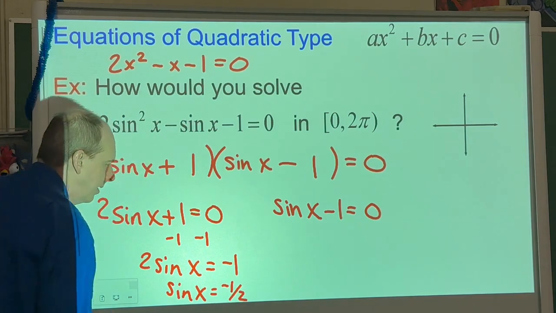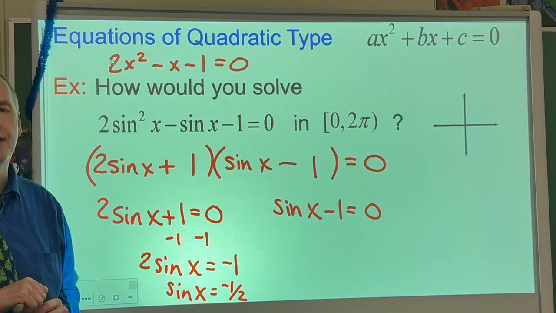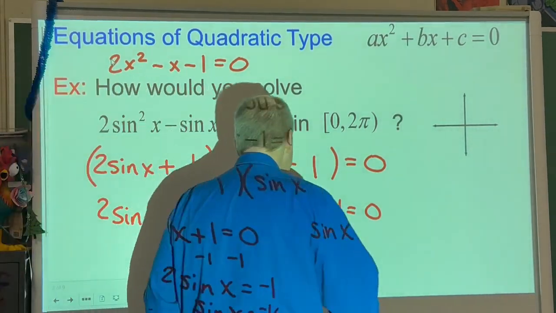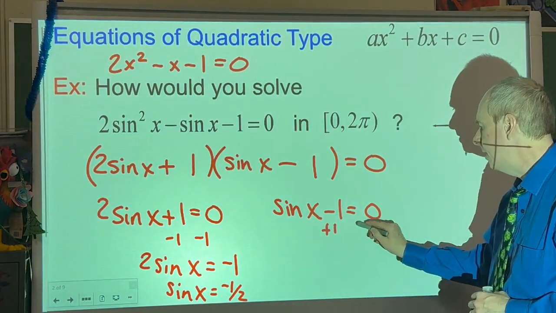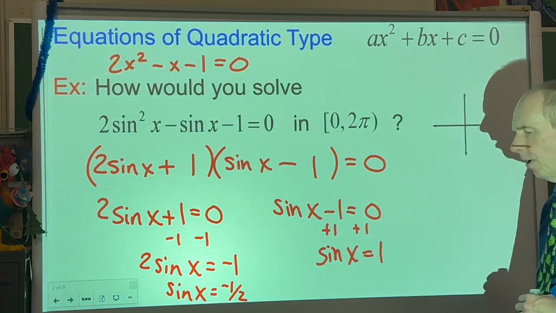My first equation comes out to be sine of x equals negative 1/2. Second equation, add 1 to each side. Sine of x equals 1.